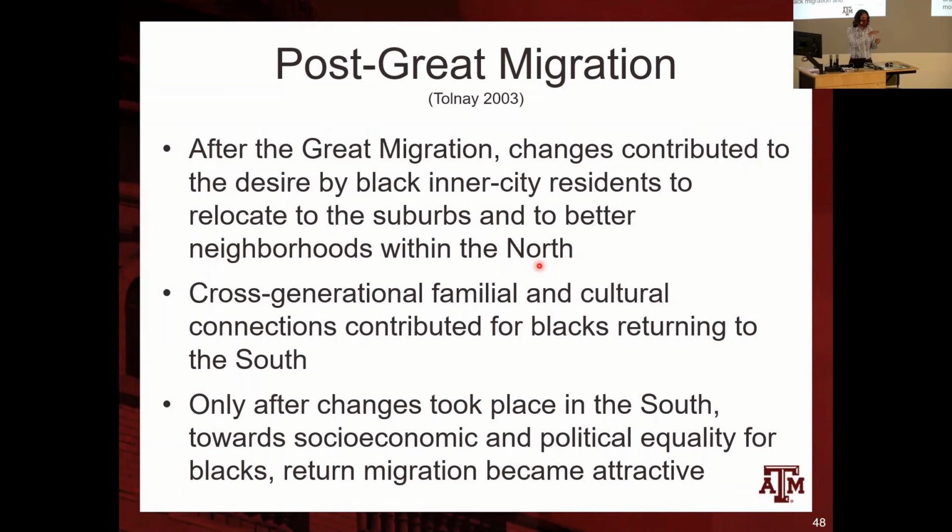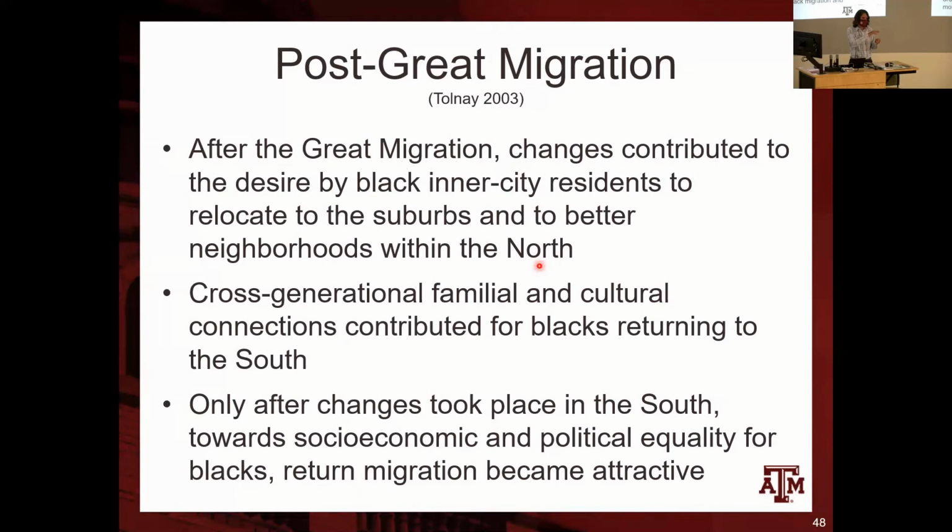Cross-generational familial and cultural connections contributed to Blacks returning to the South. Although a lot of African Americans moved to the North, some of their parents stayed behind in the South. So the links continue, and because of these social network links, in more recent years you start to see some migration the opposite way, African Americans going back to the South.